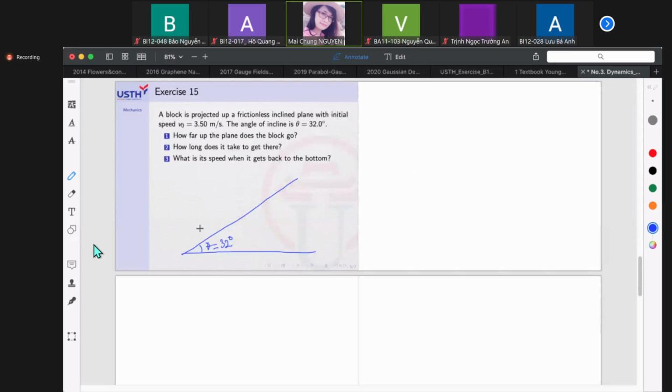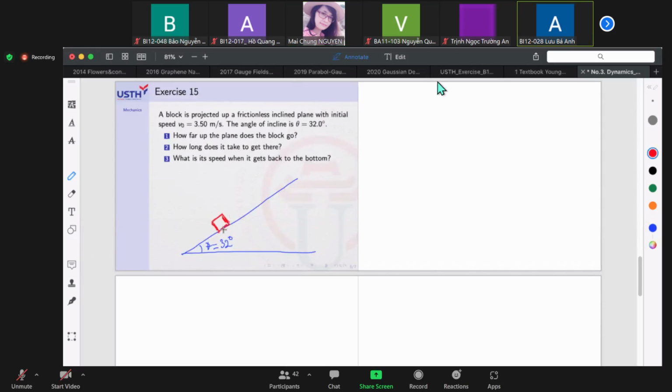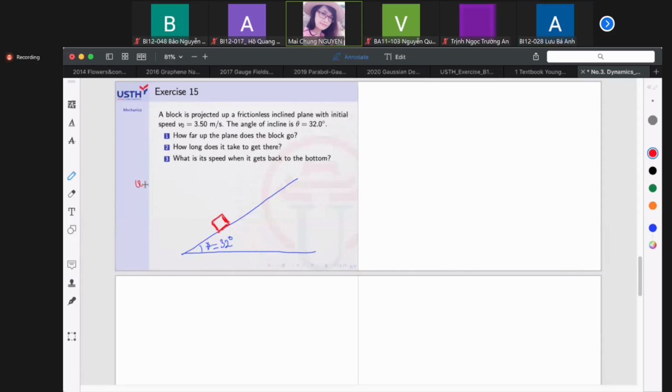For example, the block here is projected up, right? It moves up with the initial velocity V0. V0 is the same as Vi, the initial velocity.